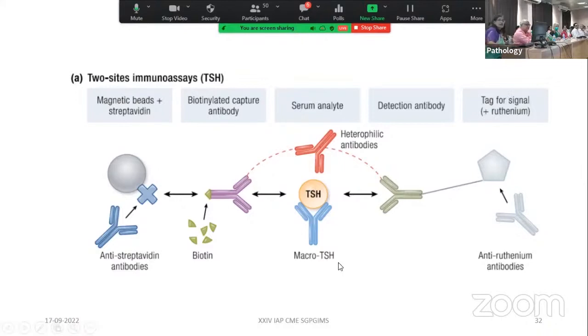Biotin is used because it binds to streptavidin in a very strong reaction, so the capture of TSH is very good. If there is interference with biotin, the high concentration of biotin will bind with the streptavidin and the capture antibody will not bind to it. So you will have less TSH bound and less of the reaction. The less the reaction, the lower the value of TSH.